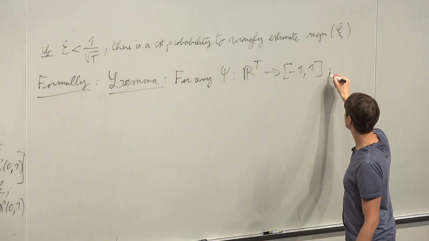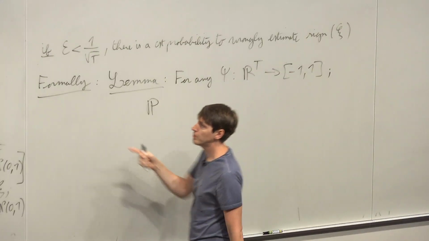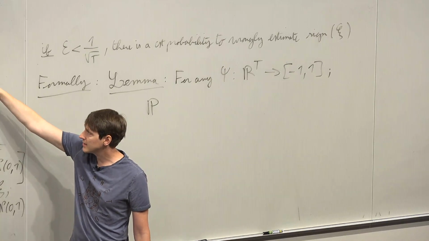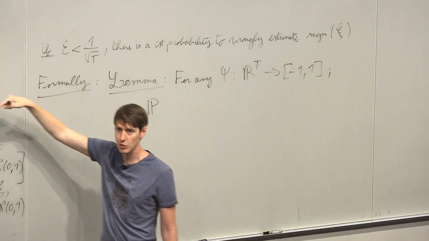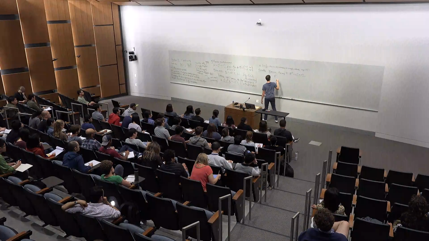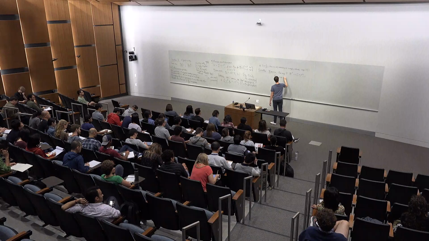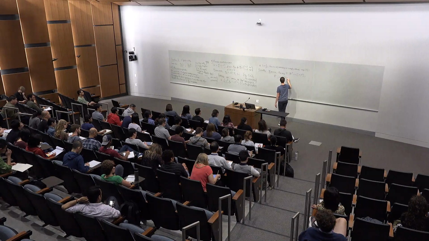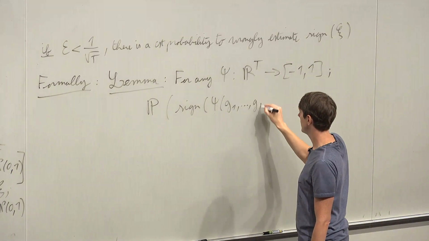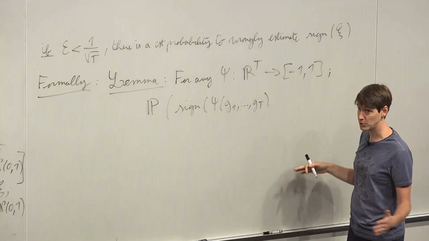Okay, so for any such psi, the probability, where the probability is understood both with respect to sampling, at the beginning, either a plus epsilon or a minus epsilon, and sampling all the observations from this Gaussian. So the probability is that the sign of psi on G1 up to GT. Okay, so after observing all these gradients, I output a point between -1 and 1.